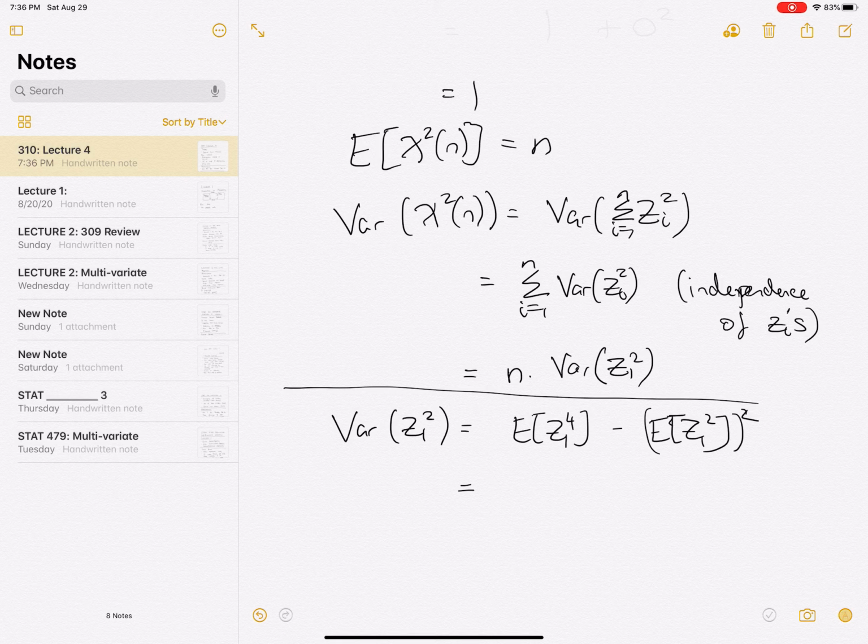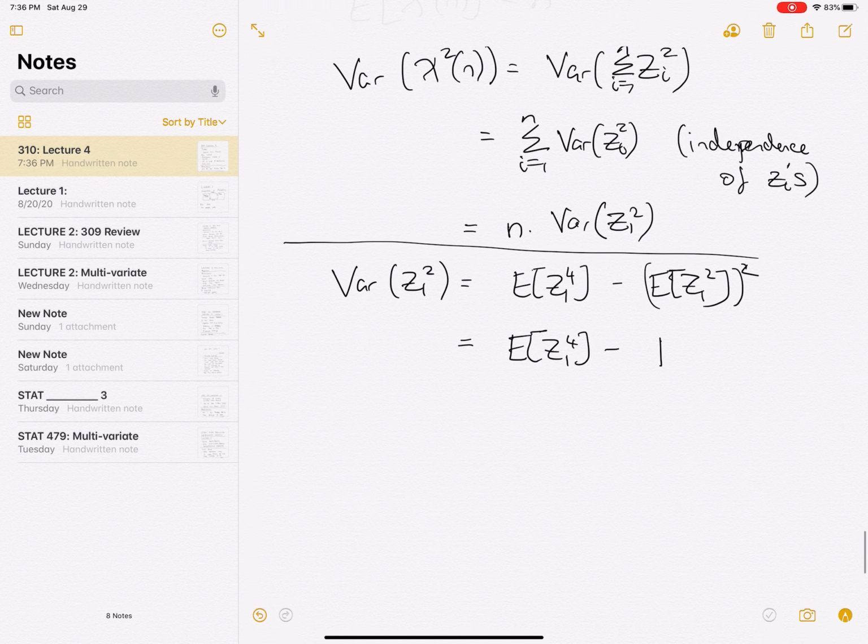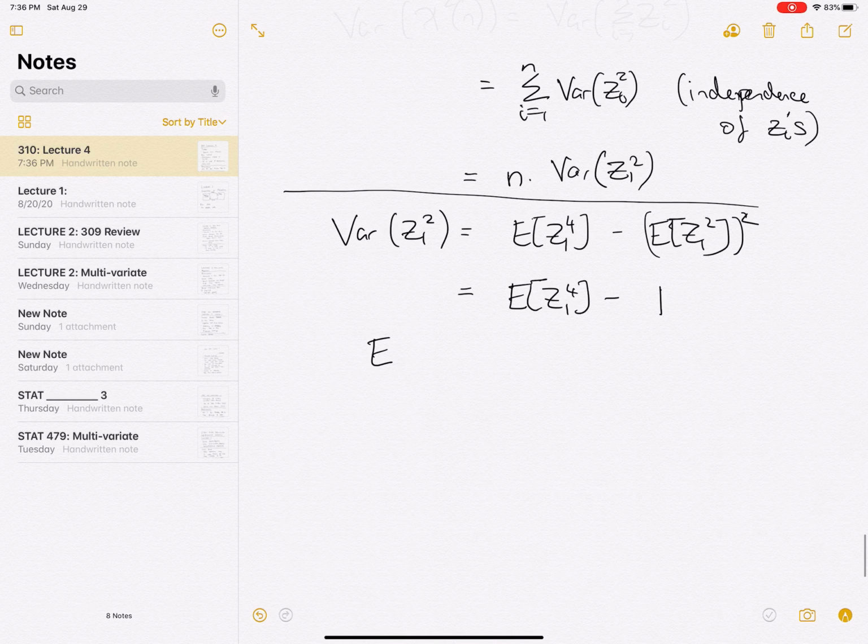We'll get back to the expectation of Z1 to the 4 here. We know that the expectation of Z1 squared is just 1, so we're just going to have 1 here. And so E of Z1 to the 4.